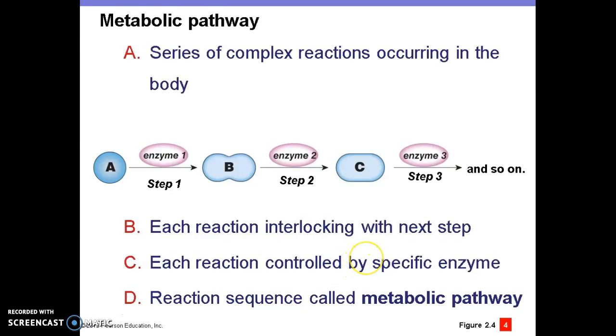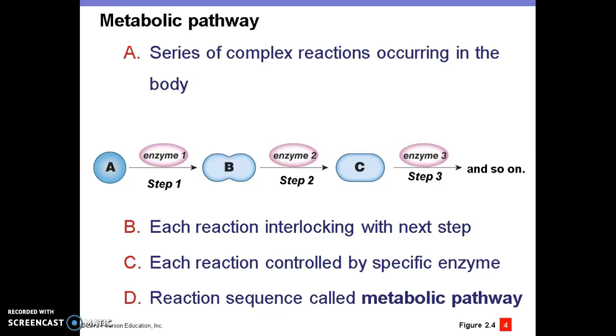Metabolic pathway, that term may make you think, oh my gosh, I'm lost already. But a metabolic pathway is just a series of steps, A to B to C, and so on. It's really a series of simple steps, and you get a product. And in our body, we have a lot of these metabolic pathways.